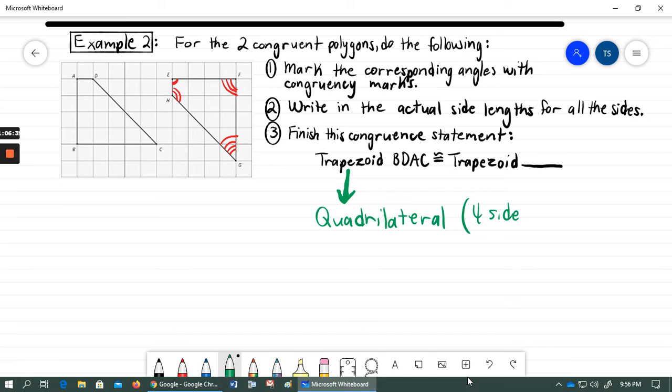A four-sided polygon, anyway. So it's a quadrilateral where only two of its sides are parallel, where two of its opposite sides are parallel.